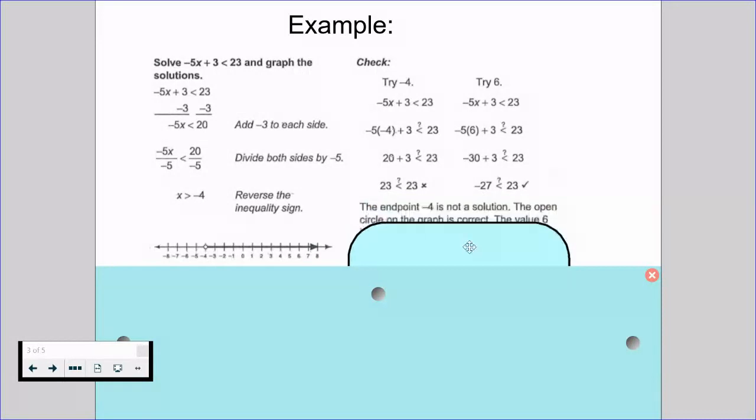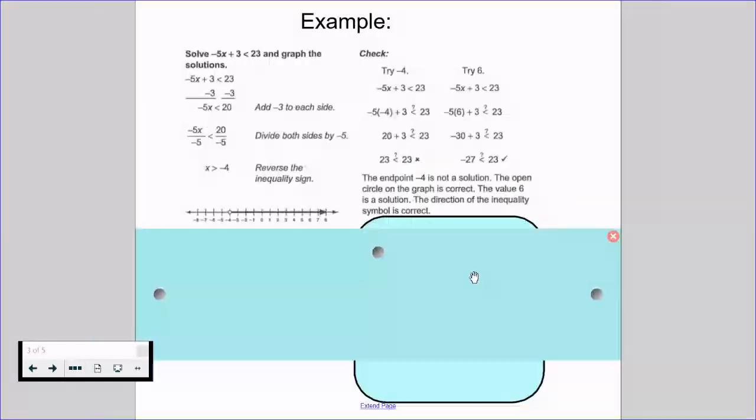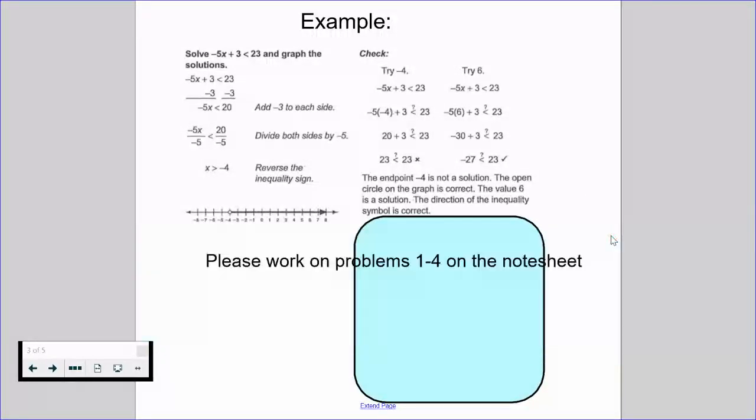So since we know that when we plug negative 4 in, it's not a solution, the open circle on our graph is correct. The value of 6 is a solution, and that should make sense because we shaded in the direction of that 6. We shaded to the right.